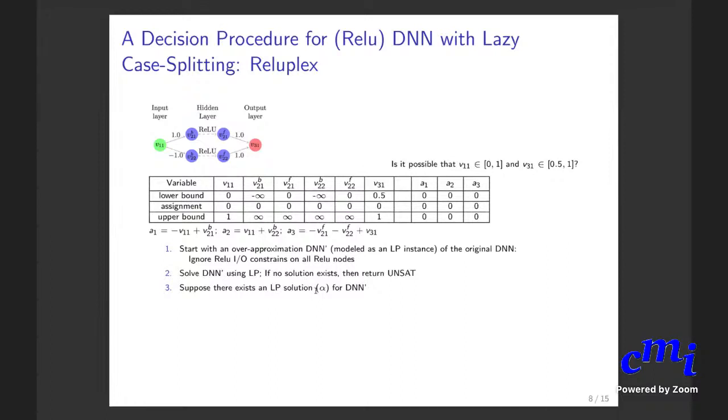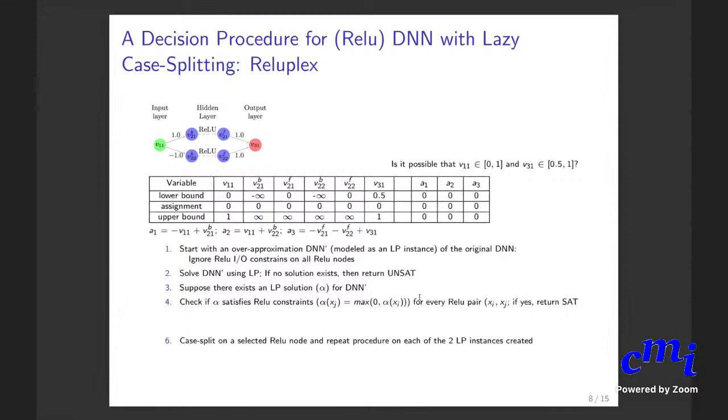It doesn't mean that the formula which we are trying to check is necessarily true, because I have ignored the ReLU constraints. It is true on the original network only if the ReLU constraints are preserved. So that you can do separately.